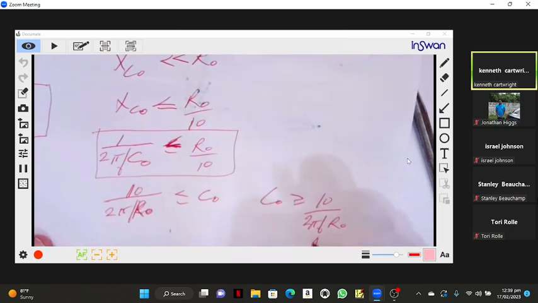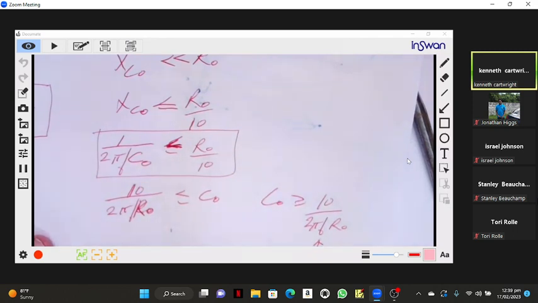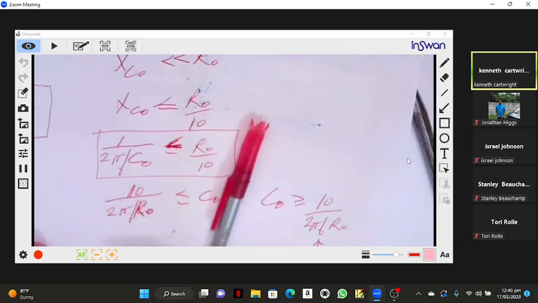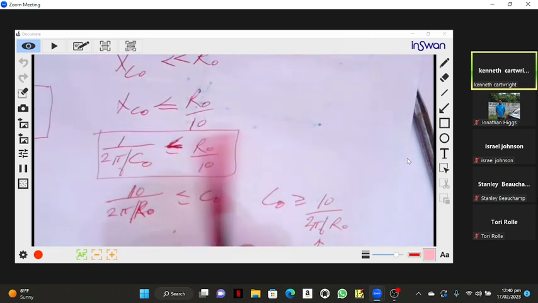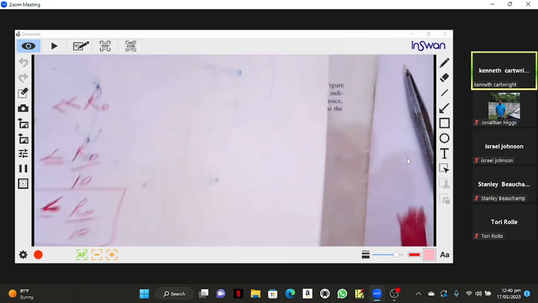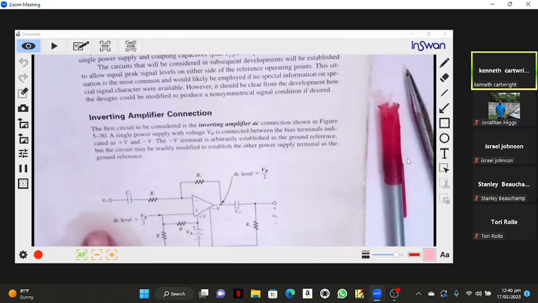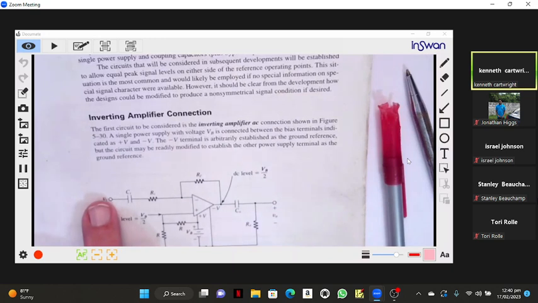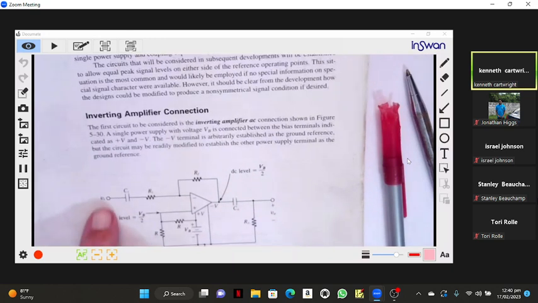What F are we going to use? You understand that VI, the input voltage, the source, is going to have many, many frequencies.